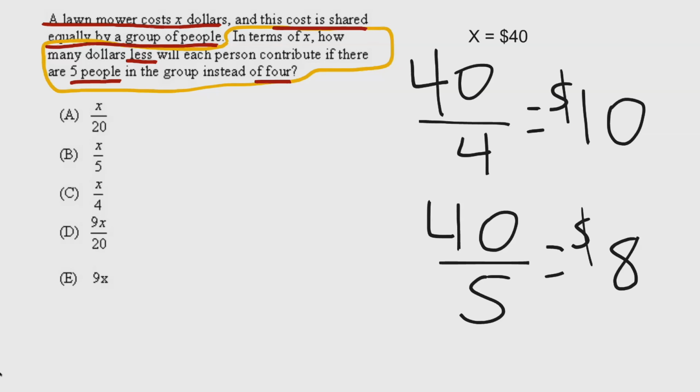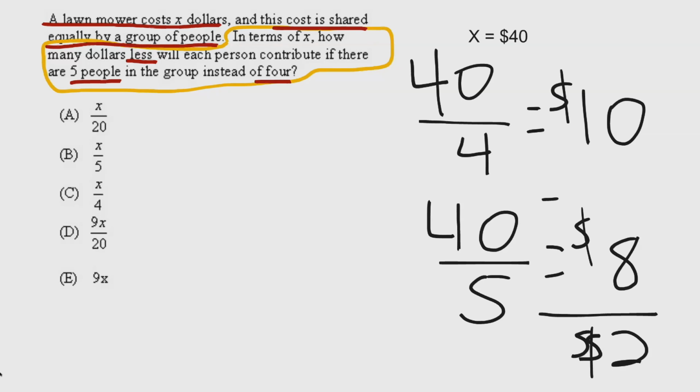How many dollars less did each person contribute when we had a group of 5 people versus a group of 4? So I'm going to subtract 8 from 10. I'm going to get $2. $2 less was contributed per person. So $2 less was contributed when we had a group of 5 people versus a group of 4 people.